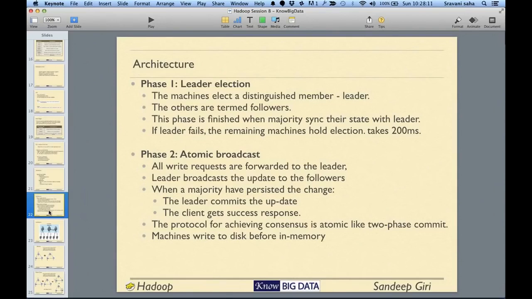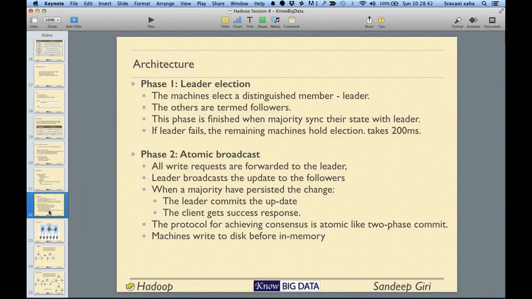These machines together elect a distinguished member called the leader. Unlike our name node and HBase, where we ourselves designated one machine as name node, here it's not the case. Here all these machines vote and select one node as leader.